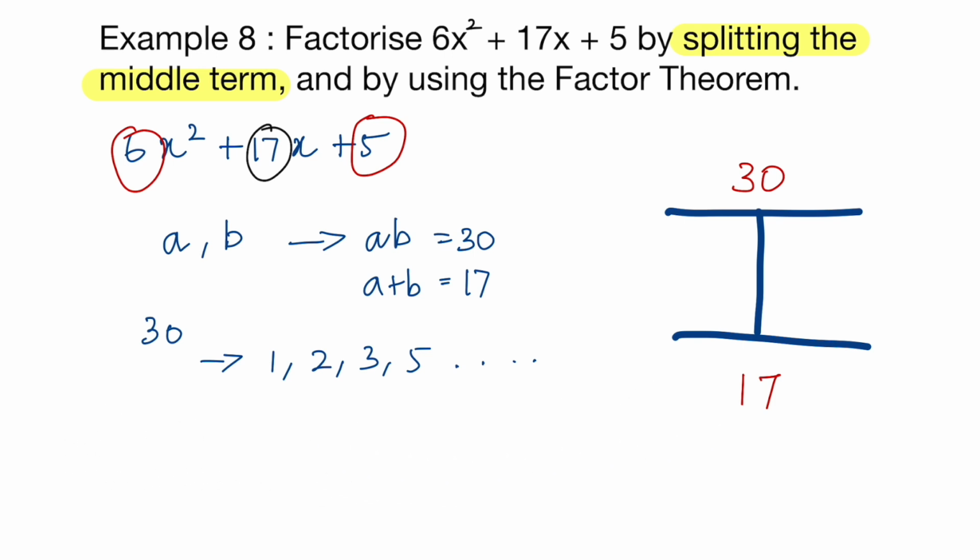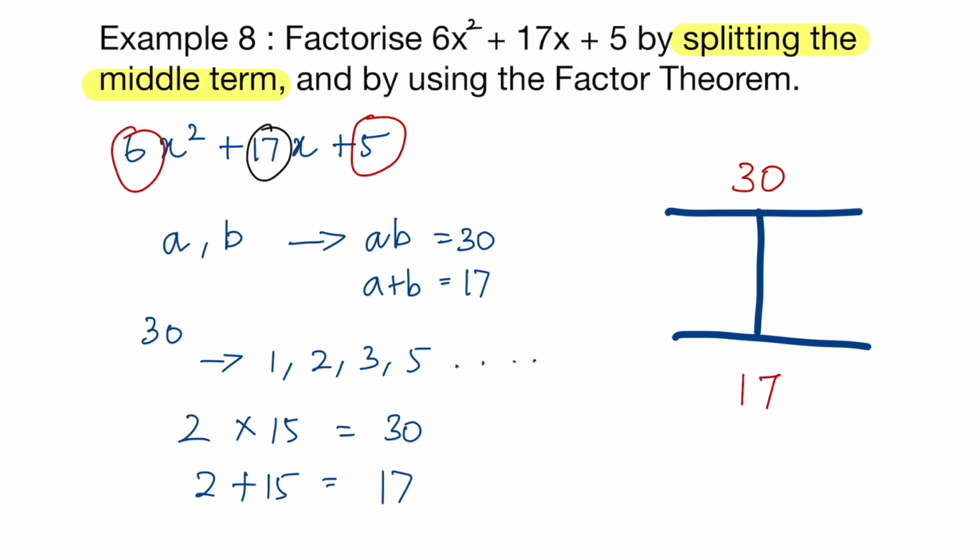Now we are going to repeat these steps. If a were to be 2, then what should be the value of b? b should be 15. Only if b were 15, 2 times 15 gives you 30. So the product comes out fine, and 2 plus 15 gives you 17.